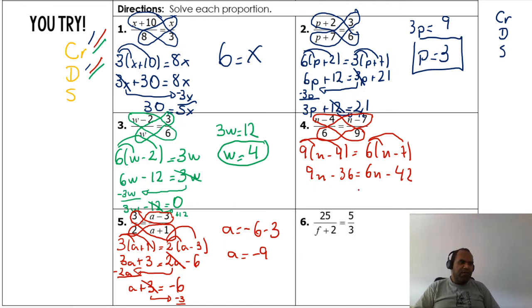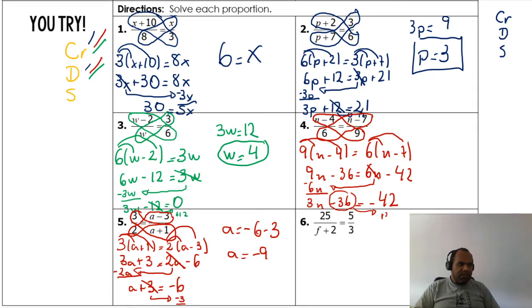Right now I need to move the variable. I move the smallest. The smallest is 6n. Let's move 6n, it is minus 6n. 9n minus 6n is 3n. Minus 36, this 6n goodbye, I move it, equals negative 42. Nice. I need to move negative 36 right now. I move this constant to here.